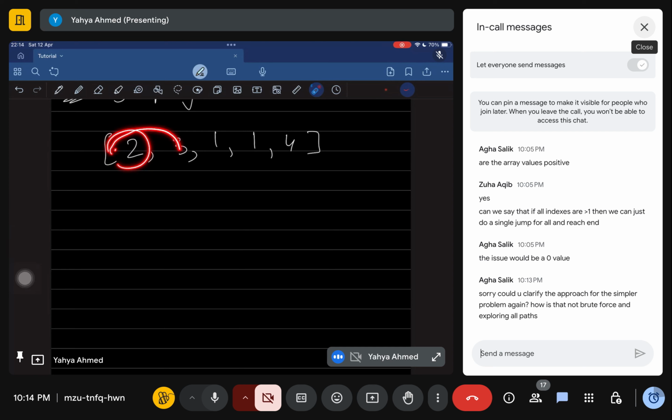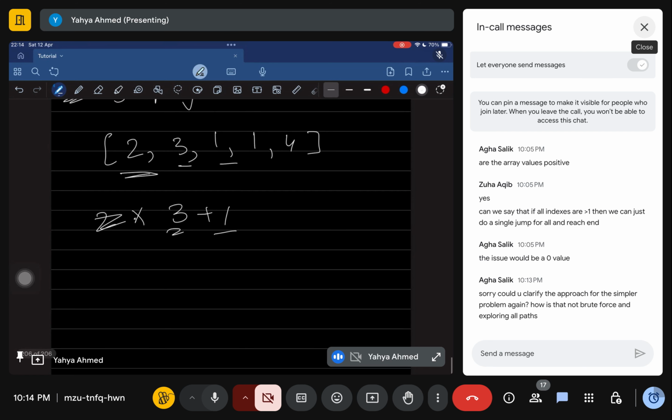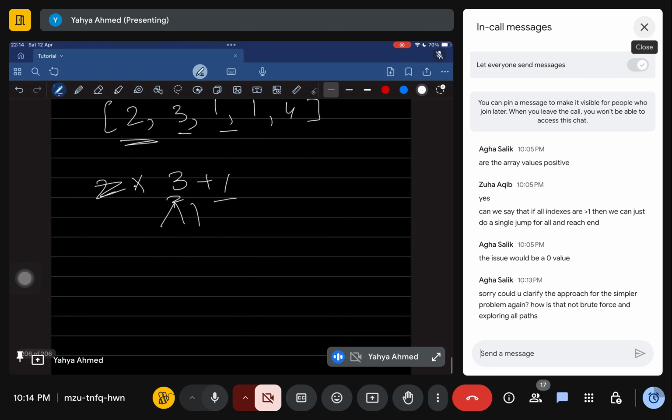This guy can go to this, and then this. So look at the brute force approach. How many paths can you make? You stand at this guy, and then this guy gives you two choices to land on. The first choice is this, the second choice is this. The first choice would give you three possibilities, the other choice would give you one possibility, right? Of those three possibilities, each of them would give you one, and one possibilities.